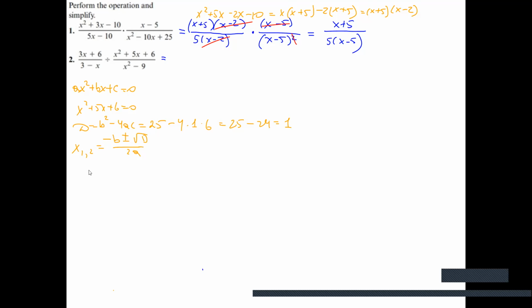So x1: minus b, it's minus 5, minus square root of 1, over 2a, a is 1, so 2. x2: minus 5 plus 1 over 2. And this trinomial can be written as x plus 3, x plus 2.